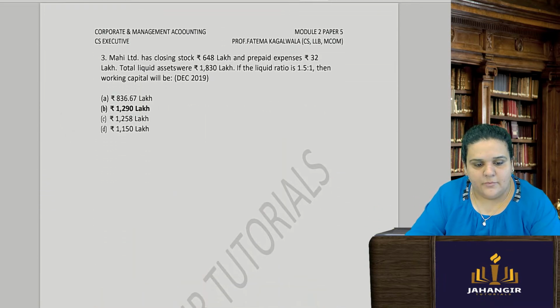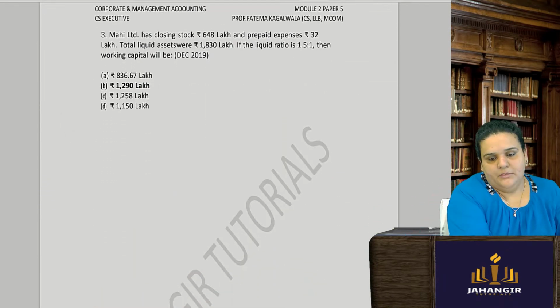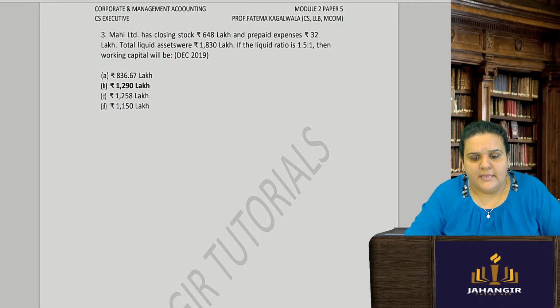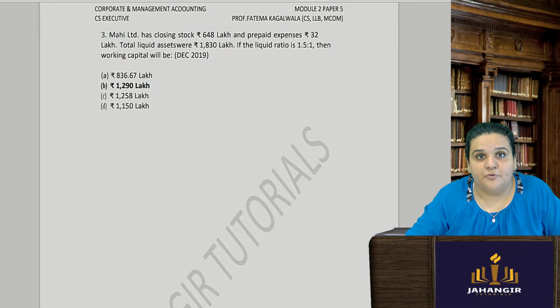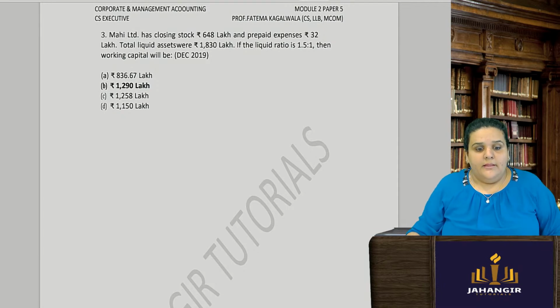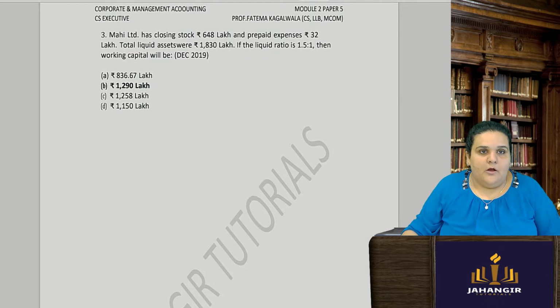Now moving to the next question. Mahi Limited has a closing stock of 648 lakhs and there are prepaid expenses of rupees 32 lakhs. Total liquid assets were 1830 lakhs. If the liquid ratio is 1.5:1, then the working capital will be how much?